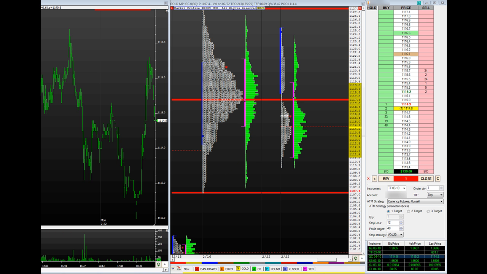Your minimum target on one of these trades really is to here, which is where the up move started. And really the rest is more money. You can make as much more as you see fit.